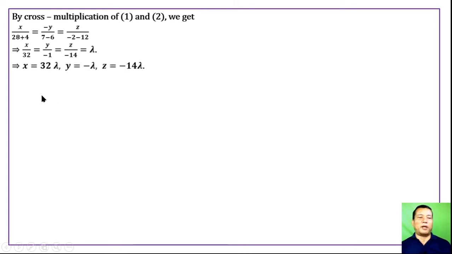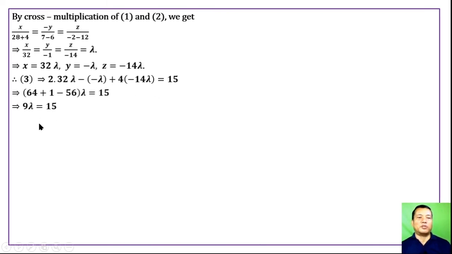Therefore equation 3 gives lambda's value as 5 by 3. Therefore x becomes this, y becomes this, z becomes this. Since x, y, z are in terms of lambda, putting lambda as 5 by 3 gives the values of x, y, z.